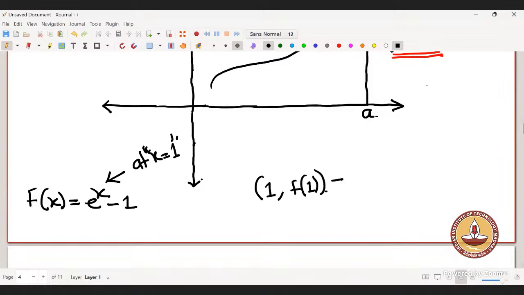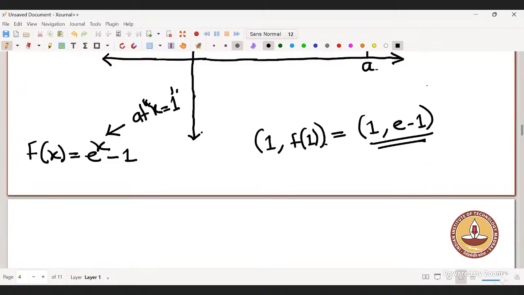So in that case, what is f of 1? f of 1 is e minus 1, right? Correct. Now I got it. I took y equal to 0, that's why I'm not getting it.